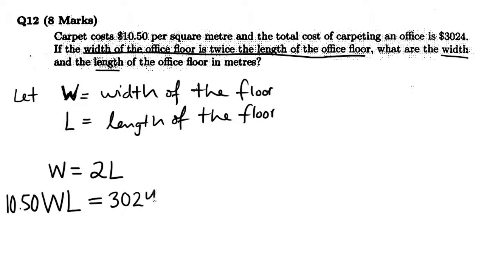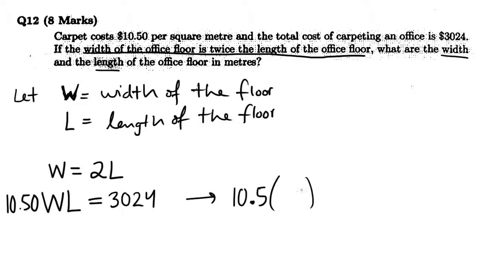All right. Now, that looks a little bit odd. Why don't we use substitution here to replace, in this second equation, W by 2L. So let's do that. So we get 10.50. How about we just write 10.5? Same thing, right?